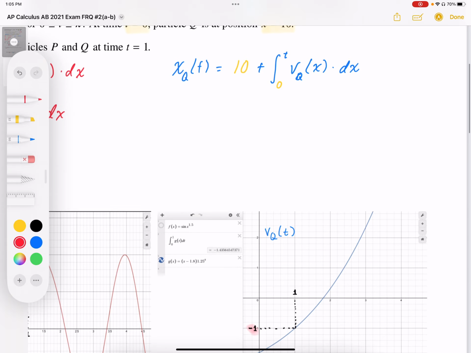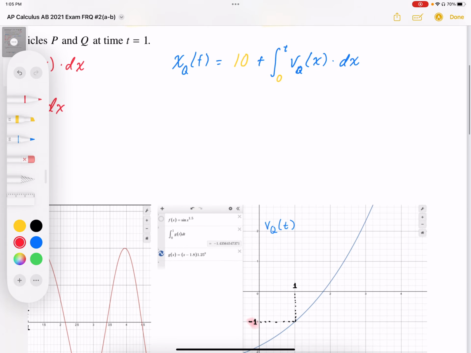For particle Q, I start at 10, and that displacement is going to be from 0 to 1. So I'm going to write that in. So x of Q at t equals 1 is going to be starting at 10, and then I'm going to add the displacement from that starting time of 0 to 1 second.